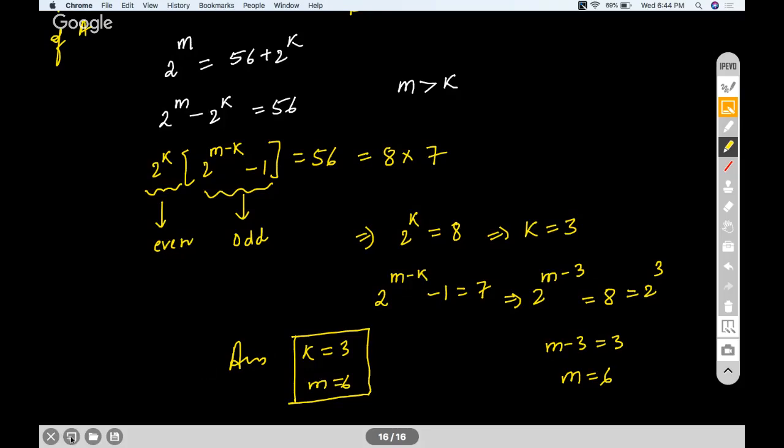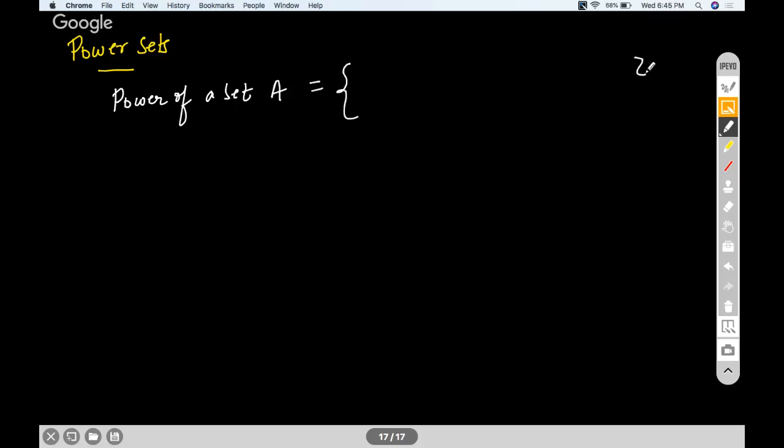Okay. Next important concept is the concept of power sets. Power set of a set A is basically nothing but it's a set which contains all subsets of A. Okay, I'll give you an example.